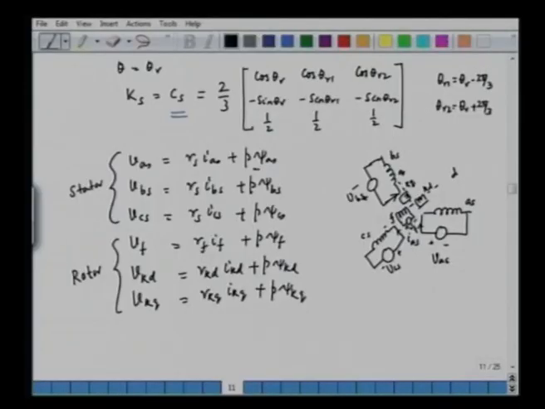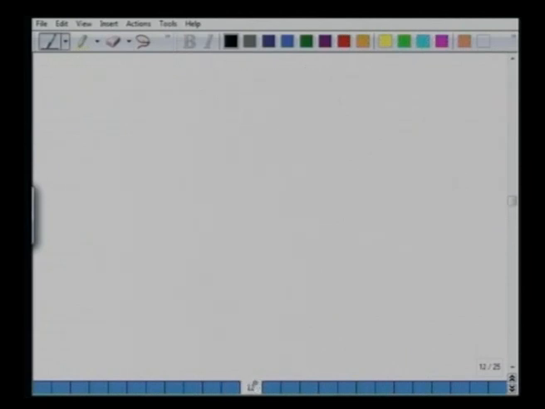Now, before we find the currents, we have to know the various inductances, because these flux linkages are not directly available to us. They are available through the inductances. So, let us write down the flux linkage psi ABCS. It has 3 components: psi AS, psi BS and psi CS, the three flux linkages in the three stator windings AS, BS and CS.